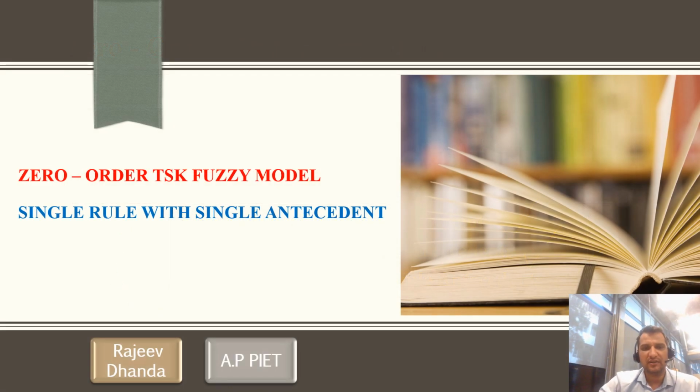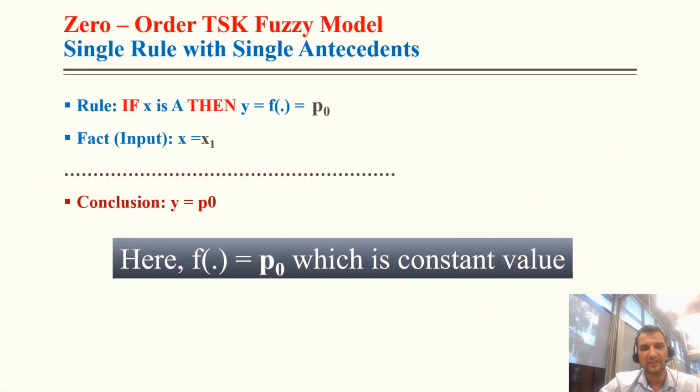So zero order TSK fuzzy model, single rule, single antecedent. There is only one rule, that's why it is a single rule. If x is A, then y is equal to this. There is only one antecedent, so that's why it is a single antecedent.